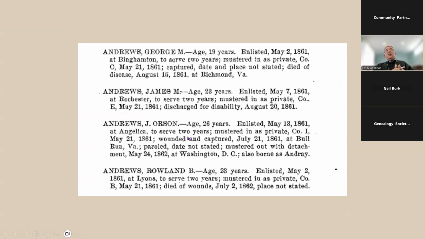His whole unit enlisted for 2 years. Those who were serving at the end of that 2 years, some of them went home, but others of them were transferred into the unit that went on from there. But captured, paroled. The date he was paroled was not stated. He did muster out with the detachment at Washington, D.C.